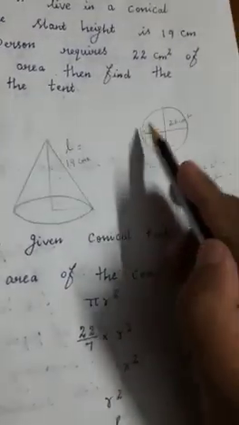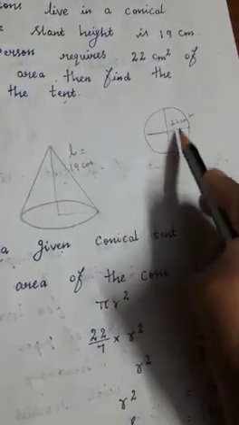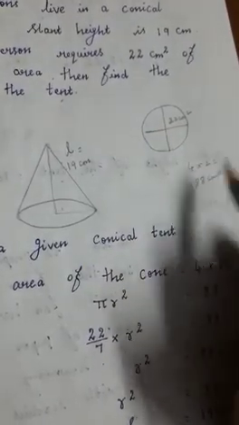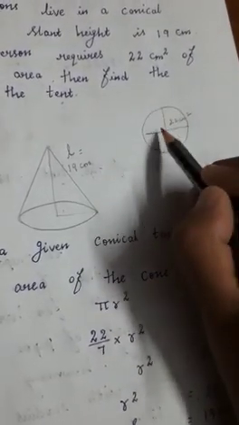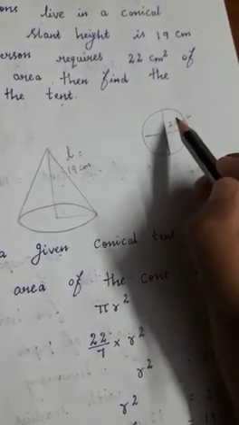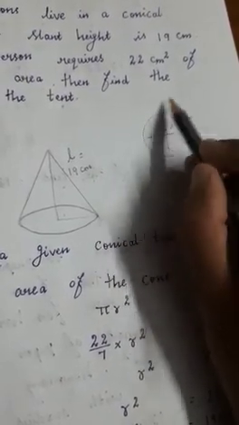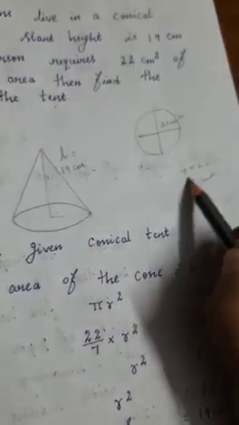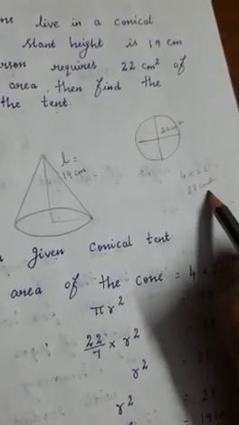Here you know that this is a circle part only. So 88 centimeter square means that is the area of a circle. The area of the circle formula is what? Pi r square. So that area we have now found: that is 88 centimeter square.